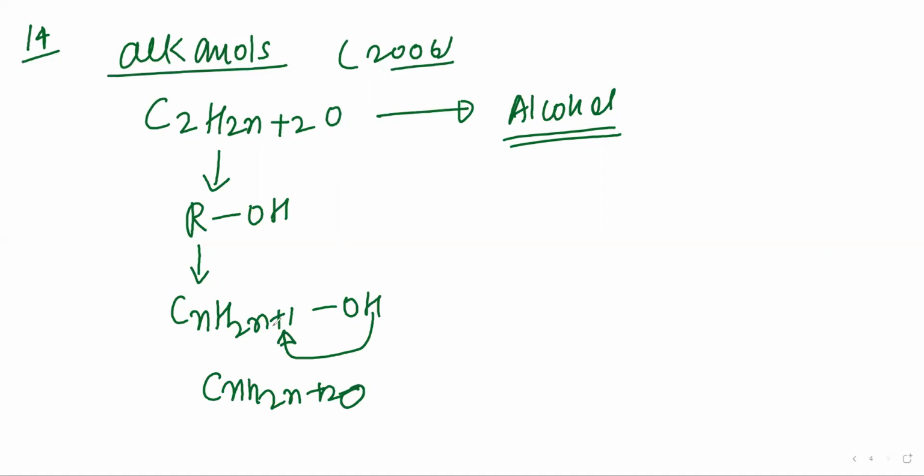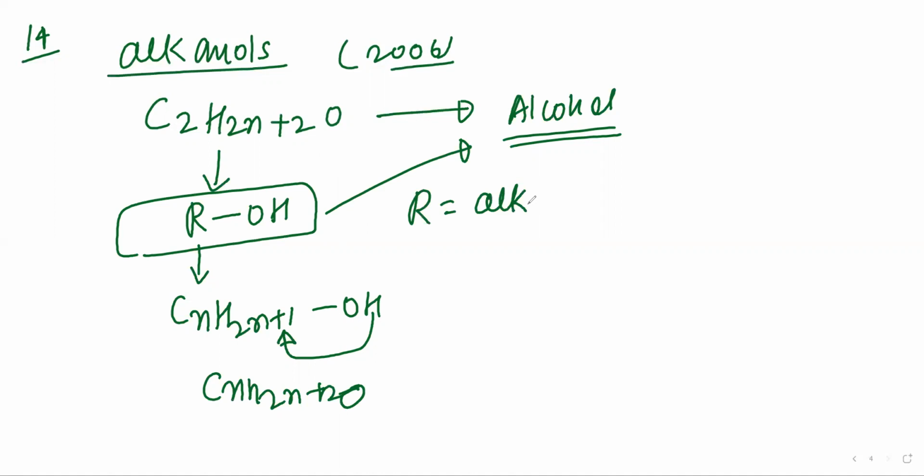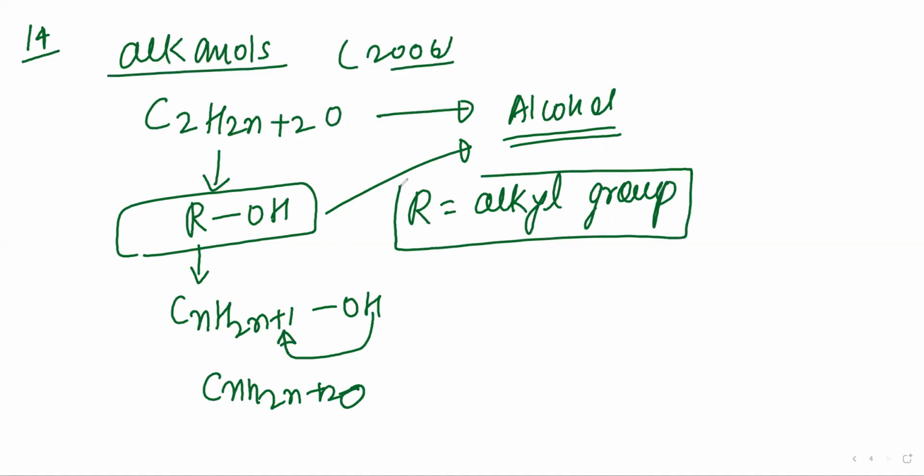Understood? So you can write it in this form also. This is the general formula for alcohol. R is your alkyl group. Write it down.